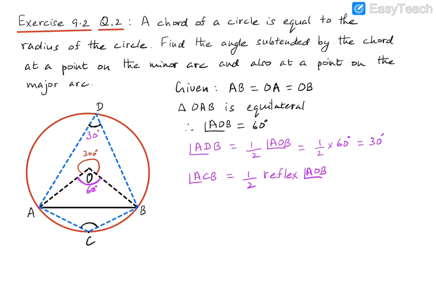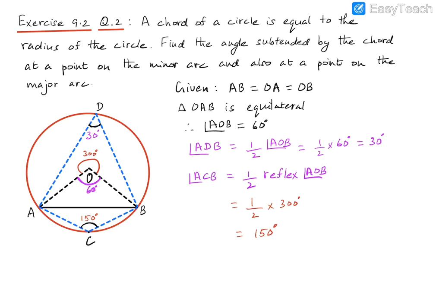So the reflex angle AOB is 300 degrees, therefore it is half of 300 degrees, which is equal to 150 degrees. So this angle ACB here is going to be equal to 150 degrees.